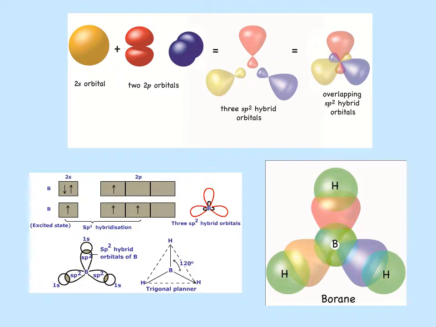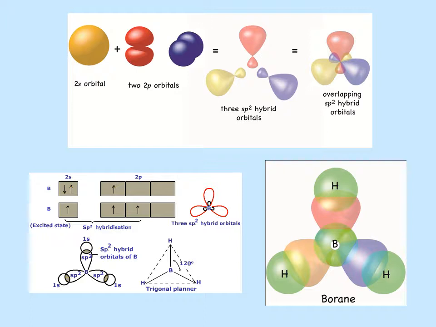Another situation can come when you react boron. Boron has two 2s electrons and one 2p electron. These are all valence electrons, the outer shell.